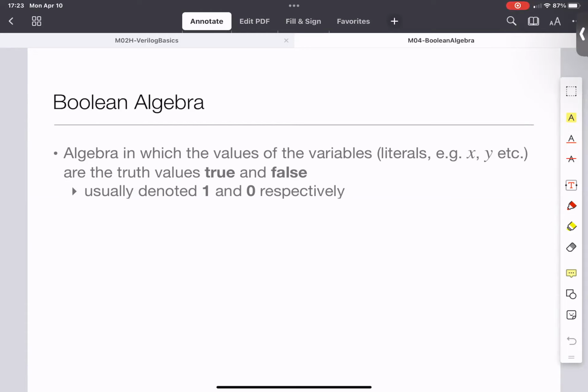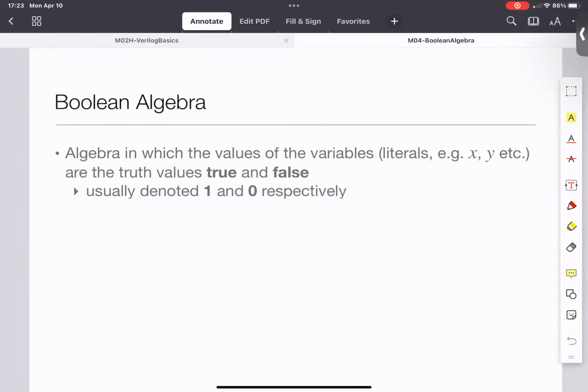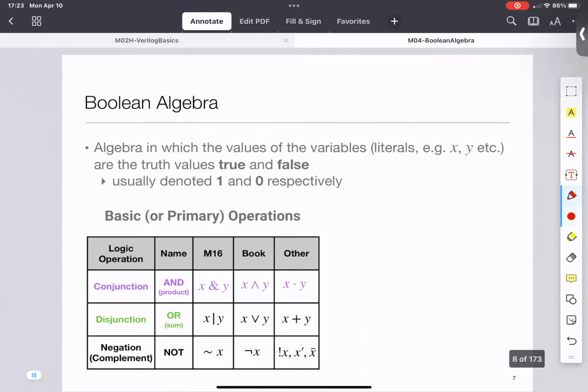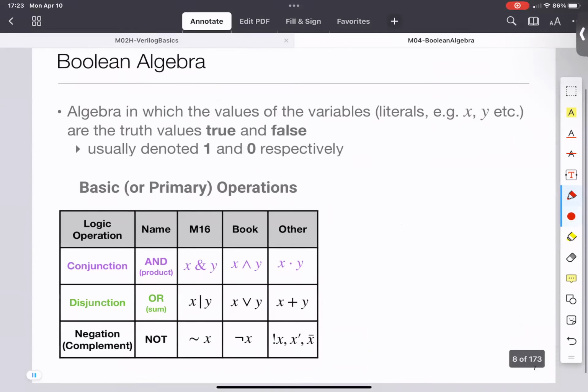Much like any algebra, it has variables which are represented using what are called literals, such as x, y, like the variable names in your programs.